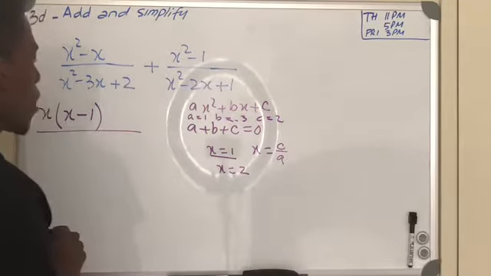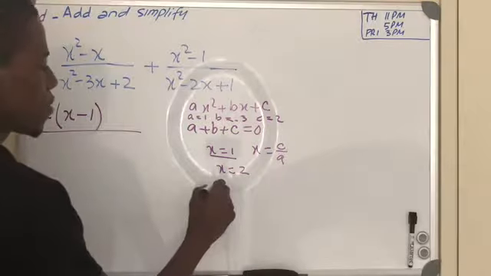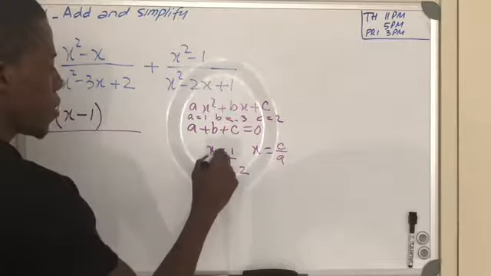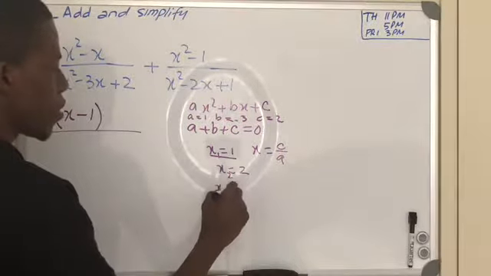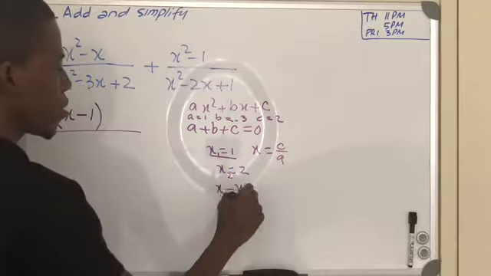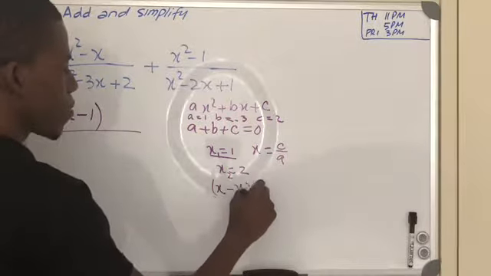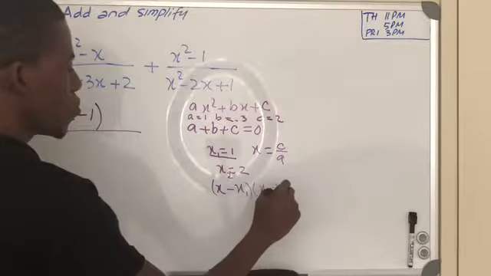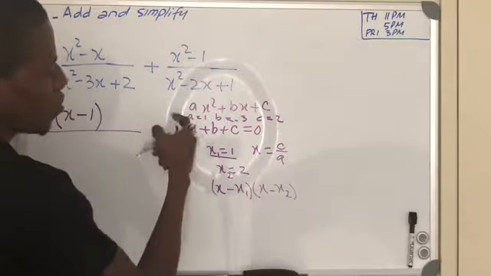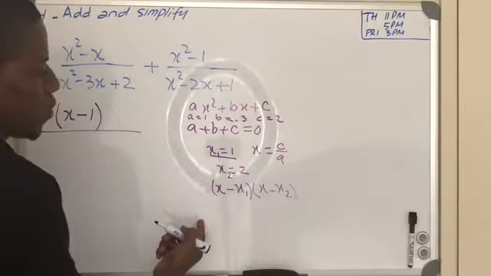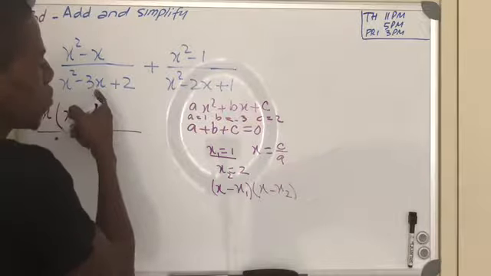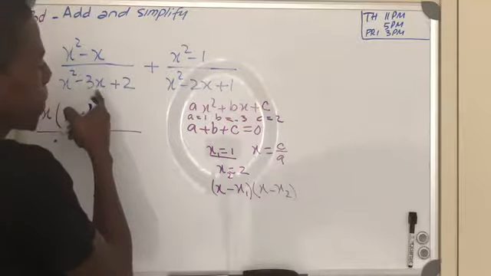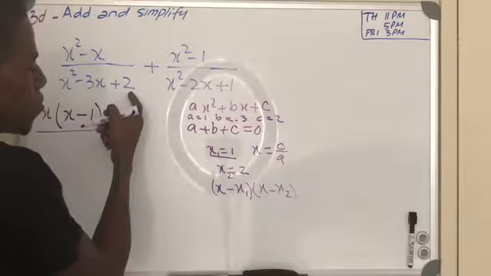Okay, so how can we factor this out? Let's call the roots x1 and x2. It's x minus x1 times x minus x2. That's one of the specific rules to factor out a trinomial.